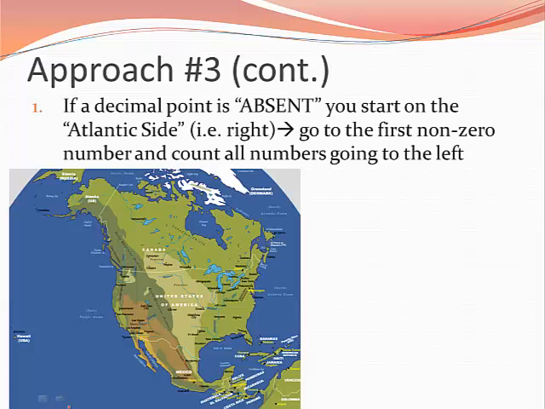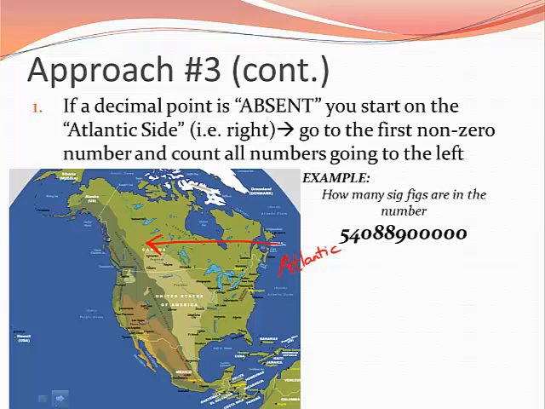Looking at the next example, if the decimal point is absent, I start on the Atlantic side, starting on the right, and I'm going to go through the country. Again, you start at your first non-zero number and count all the digits until you run out. So for example, here there's no decimal place.